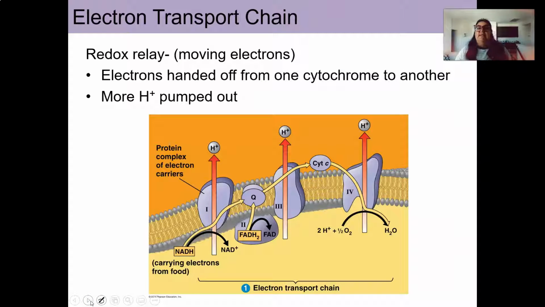So what does this actually look like? It looks like a redox relay, like a relay race, where the baton is actually electrons that are moving in a race.